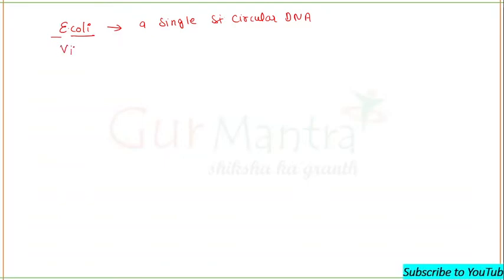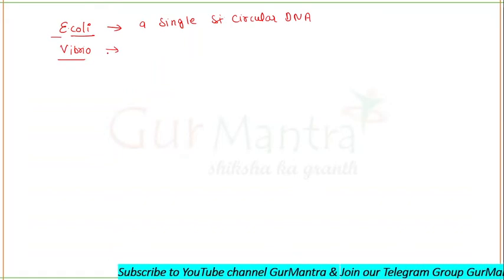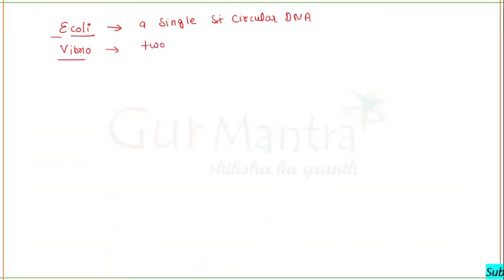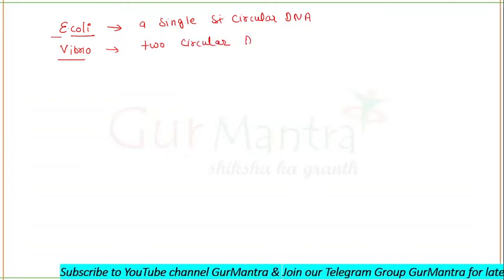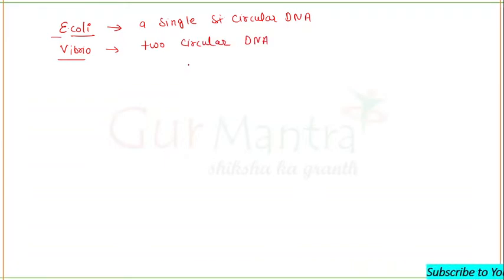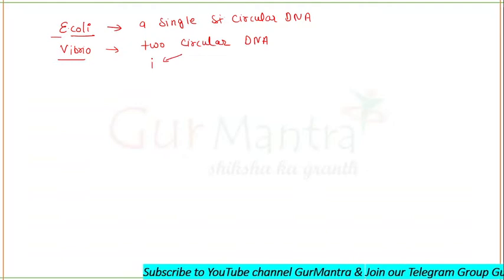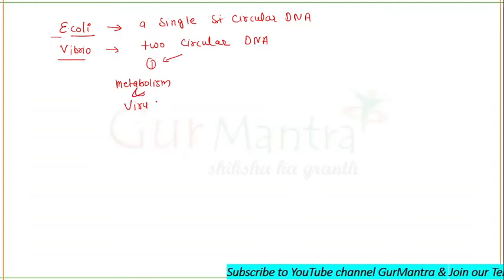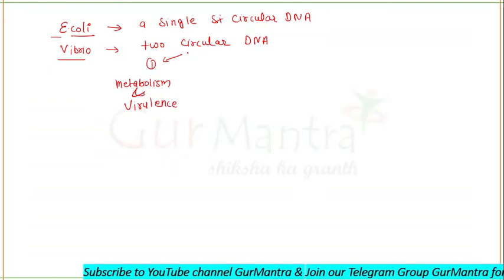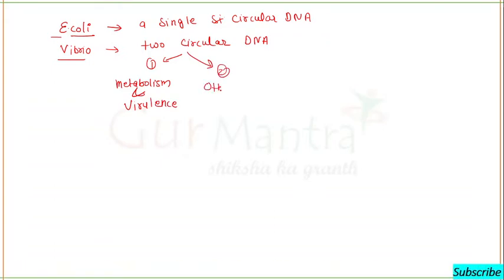If I'm talking about Vibrio cholerae, which may cause cholera, this bacterium contains two circular DNA molecules. Now, what are they going to do? One of them is involved in metabolism and virulence, and the other will contain some other essential genes.